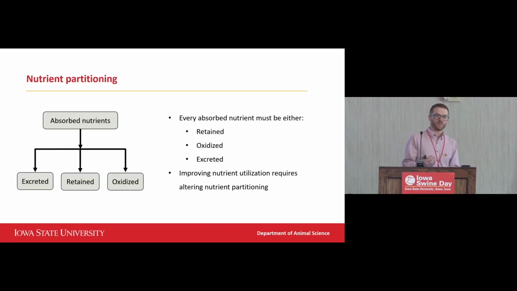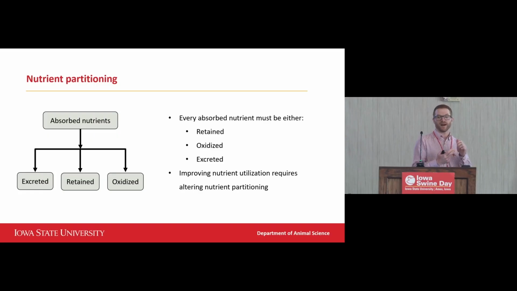And so ultimately, when we talk about nutrient partitioning or nutrient utilization, we're going to talk post-absorption, so after it's digested and absorbed by the animal. There's really one of three things that can happen once a nutrient gets to that point. The animal can use it and retain it for productive purposes, for muscle deposition, lipid deposition.